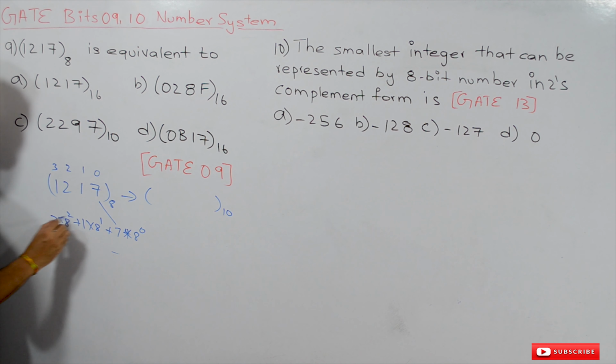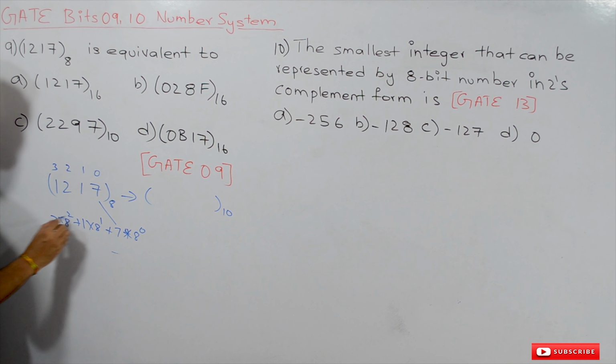Coming to this bit: the smallest integer that can be represented by an 8-bit number in 2's complement form is. A clear description of this concept is given in a video called range of negative numbers that can be represented by sign magnitude, 1's complement and 2's complement representation.